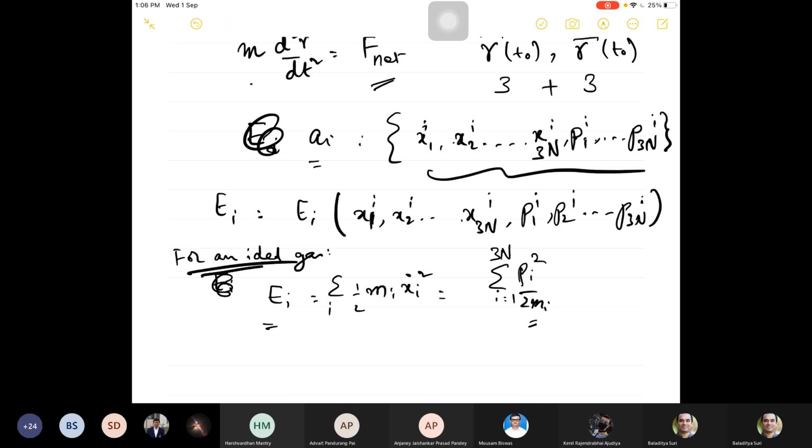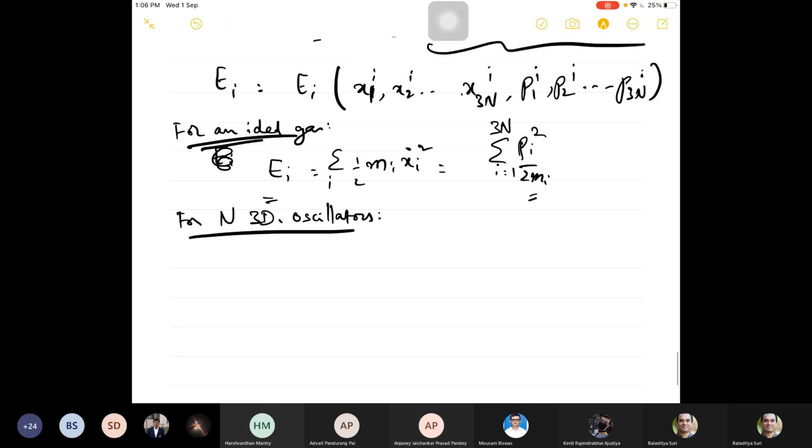Now let us say we take n oscillators in 3 dimensions. For n 3-dimensional oscillators, this energy function EI will not only be p_i squared by 2m, the kinetic energy, plus half k_i x_i squared, where k_i is the spring constant of that oscillator and x_i is the extension of whatever spring is holding those two particles.